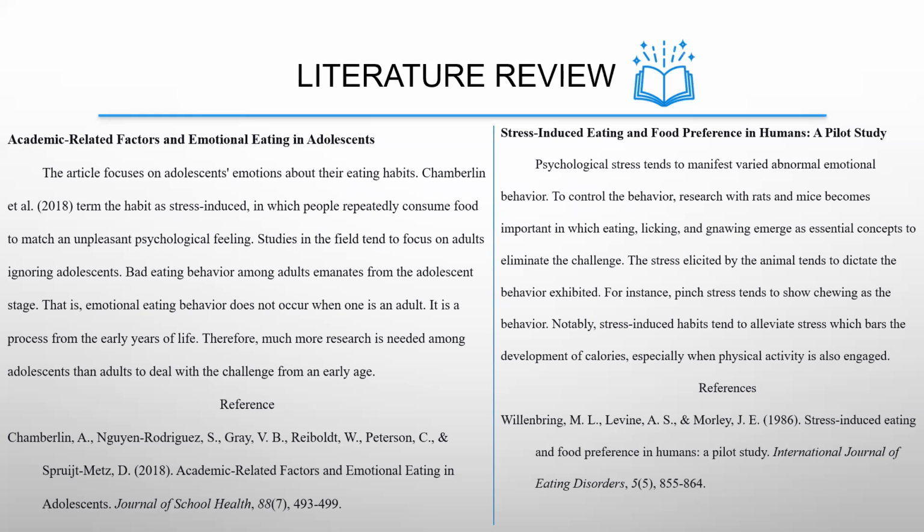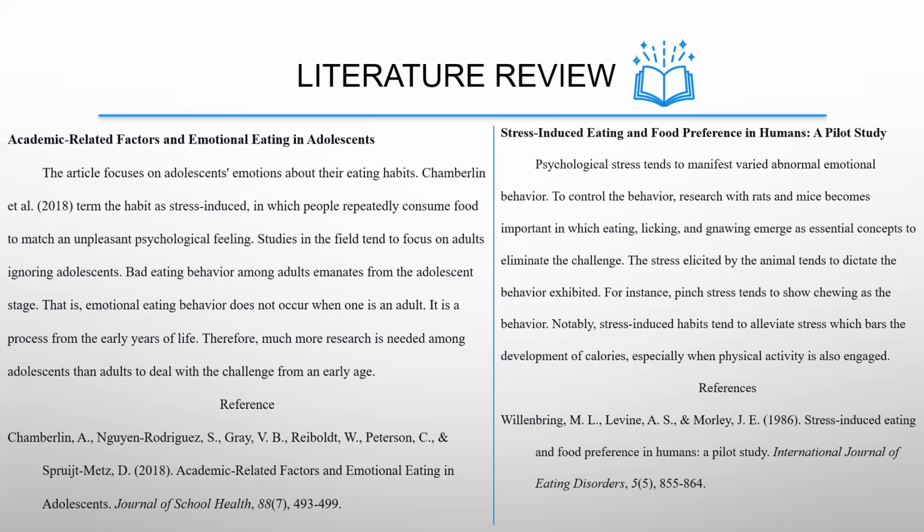In this article, they talk about how we need a clear understanding of the link between stress and obesity, and how emotional eating may be often overlooked. The increase of food intake in response to negative emotion, otherwise known as emotional eating, has been established as a common response.